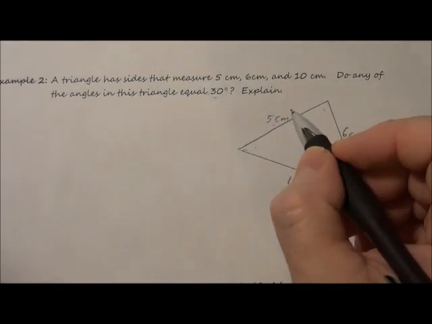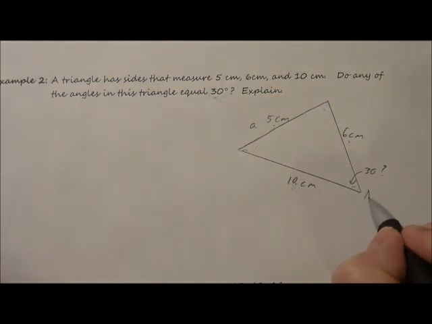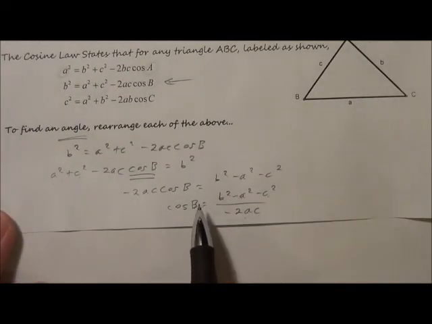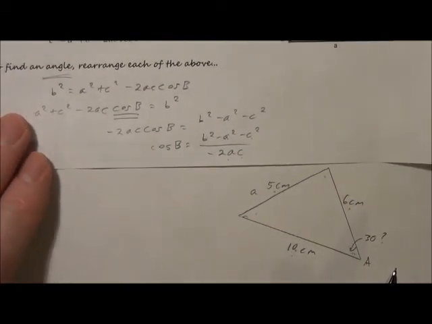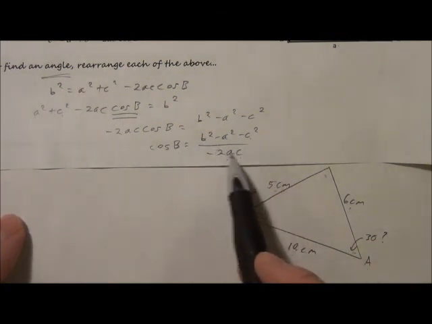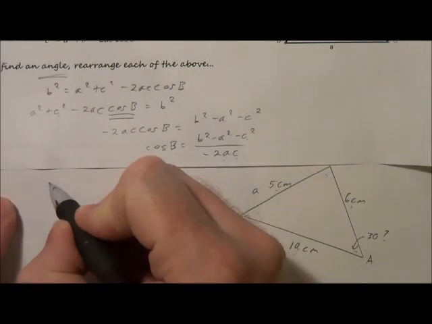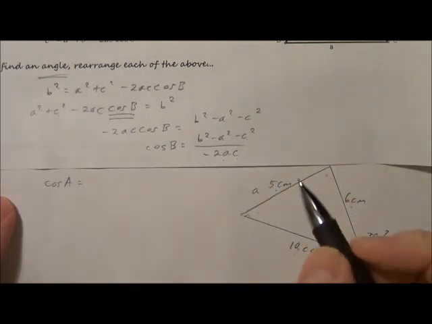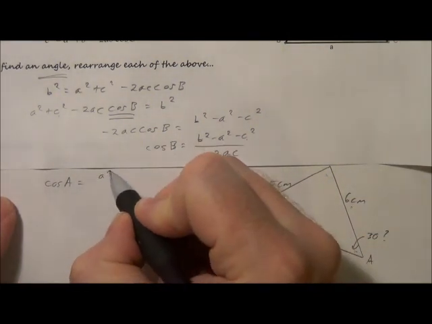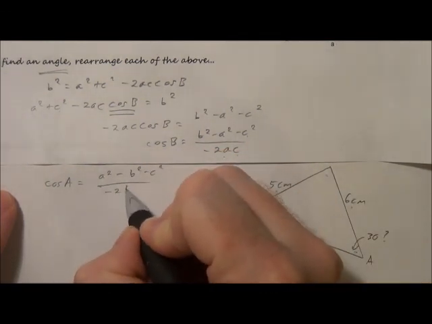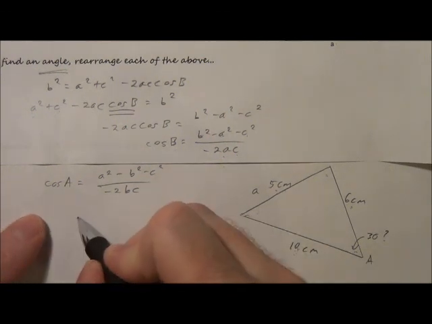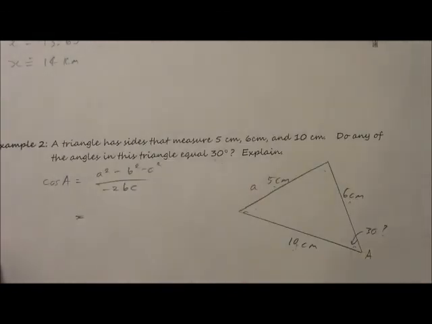Let's say this is side A, and this is vertex A. So I'm going to use this form of the cosine law and just rearrange the values here. So if I've got cosine A, then I'm going to have a squared minus b squared minus c squared all over negative 2bc. Now I just have to substitute all the values in and see what works out.